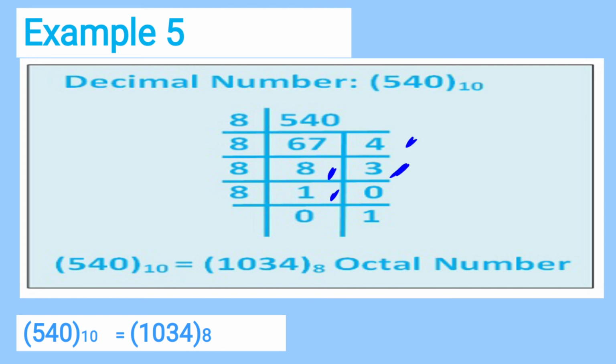Next step is 8 ones are 8, the remainder is 0, and this 1 is written as it is over here. At last the answer will be written from bottom to top. So you will get the answer as 1 0 3 4. That is why the answer is 540 to the base 10 is equal to 1034 to the base 8.